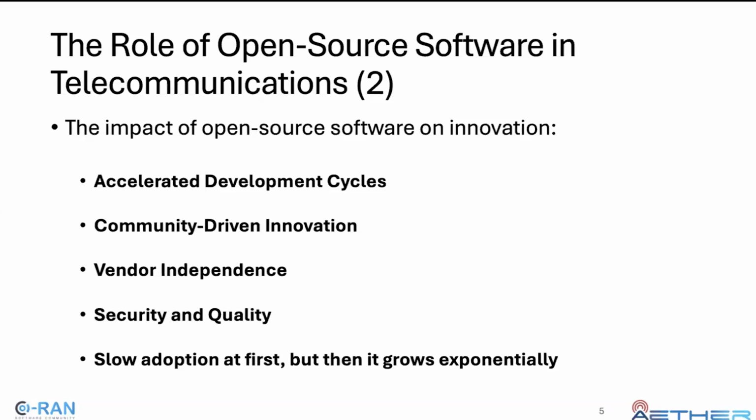They can now mix and match components and customize the software and implement new features without being tied to a specific provider. It also brings more security and quality because it's open source, the code is transparent, it can be continuously peer reviewed. This can lead to more secure and higher quality software.